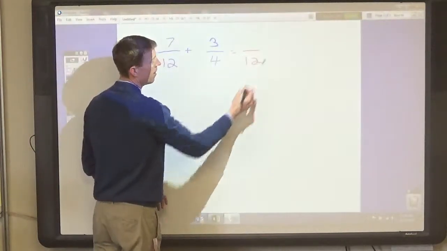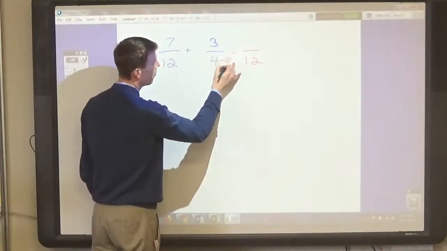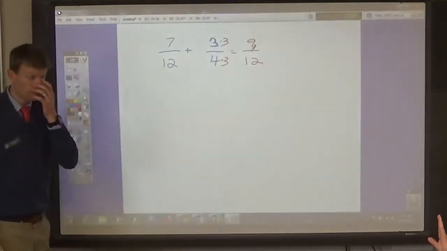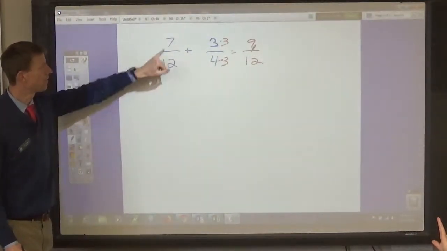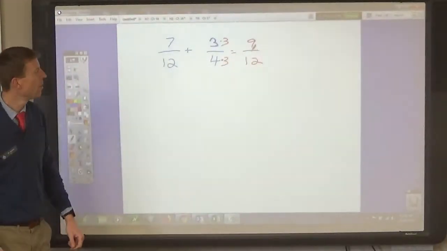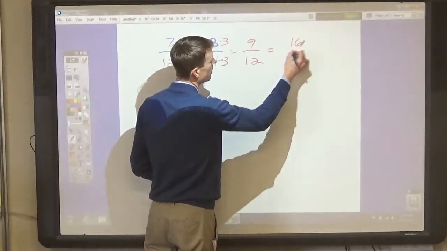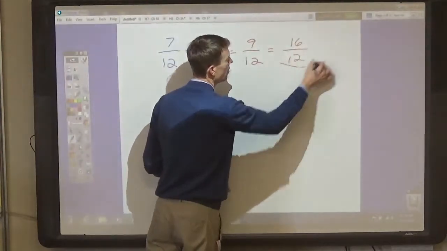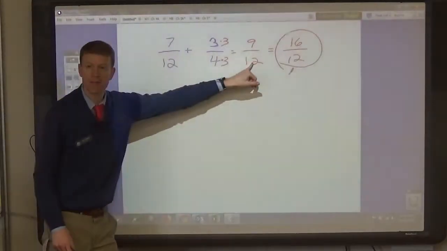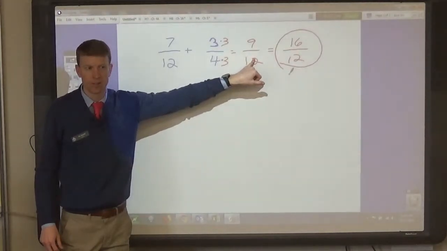How many 12ths is that? 3. Yep. So we multiply both by 3 and get 9/12. Now we have 7/12 plus 9/12. We have the same size pieces. And then we can add 7 plus 9 is 16, and they are in 12ths. Remember, don't add the denominators because that's just telling you how big the pieces are. Right?